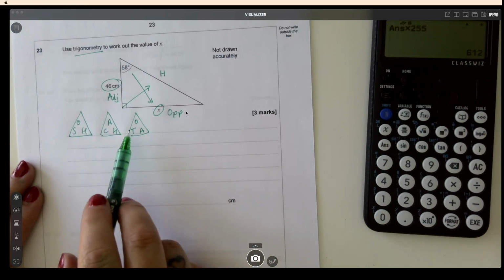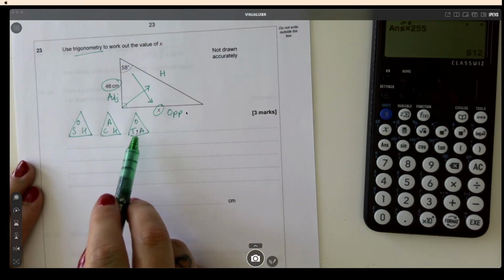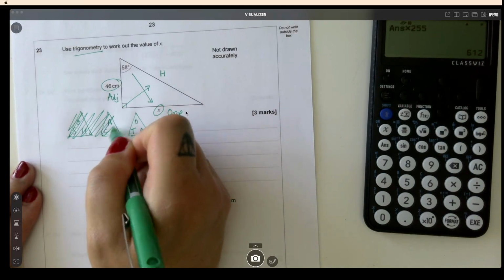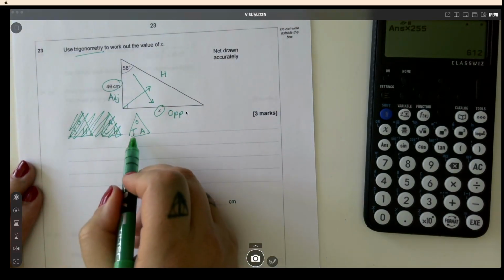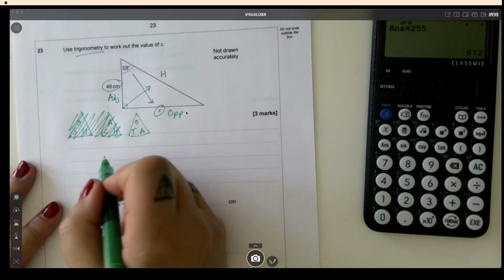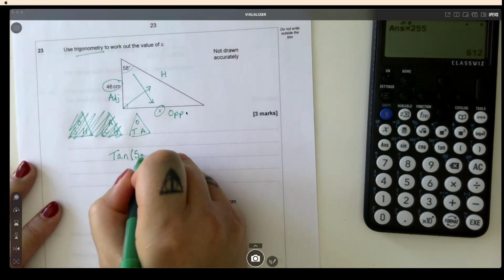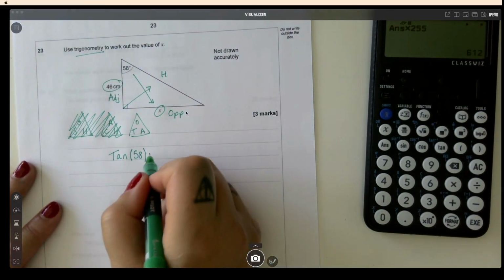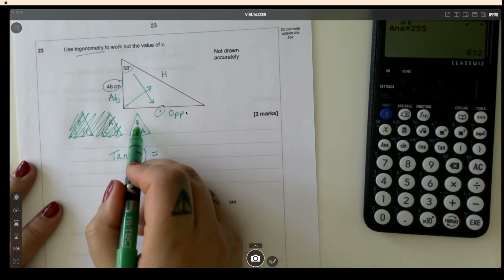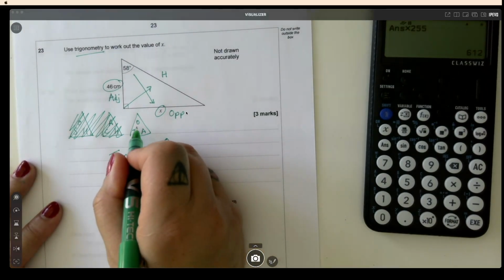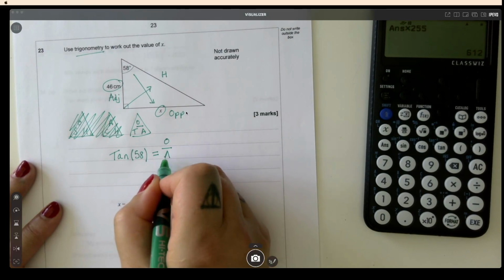Adjacent and opposite. Well, the only one that has the adjacent and opposite in is this one. So we'll get rid of those two so we don't get confused. T is for tan. So we're using the tan ratio, and it will be tan with the angle that we've been given. So tan 58 is equal to the opposite divided by the adjacent.